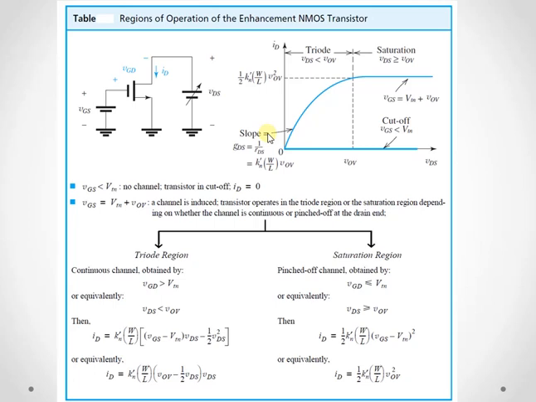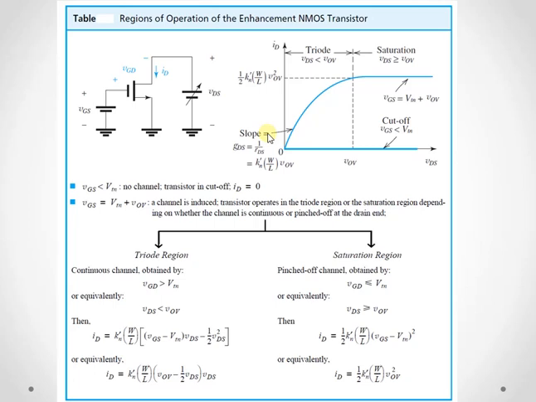Whereas on the other hand, if we want to design a MOSFET as an amplifier, it must be operated in the saturation region. In most of the topics that we are going to discuss, we are talking about MOSFETs which are used in amplifiers, so we will be more interested in using the MOSFET in the saturation region.